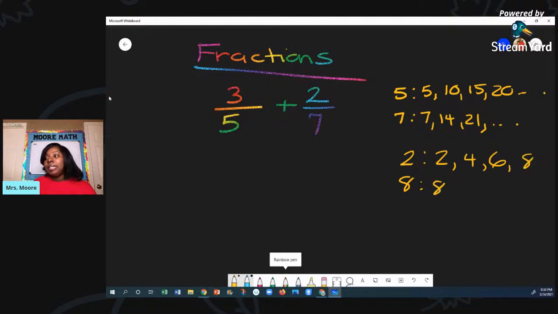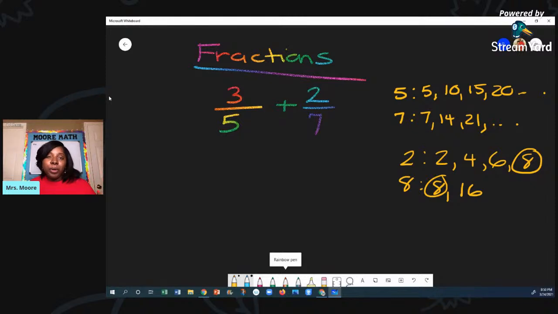Here you would go 8, 16. But right away you would see that they have 8 in common. But if you were to multiply them together, you would get 16. But 8 is a better denominator, and you'll see soon why, because it's less reducing at the end, okay?